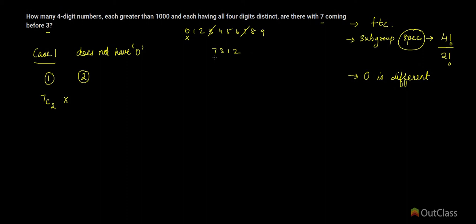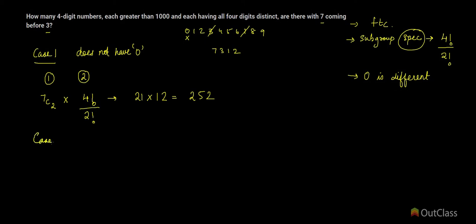Normally, if you wanted to permute these 4 items, you would simply say 4 factorial. But because of the subgroup that needs to be in a specific order, you'll put 2 factorial in the denominator as well. That is case 1. This is 7C2 is 21, 4 factorial is 24, half of that is 12, 21 times 12, 240 plus 12, 252, case 1.